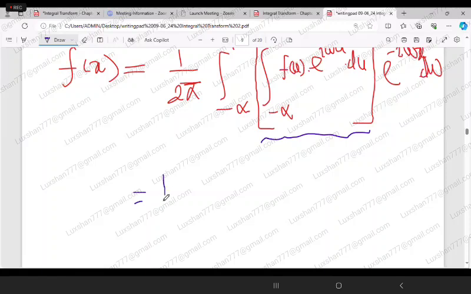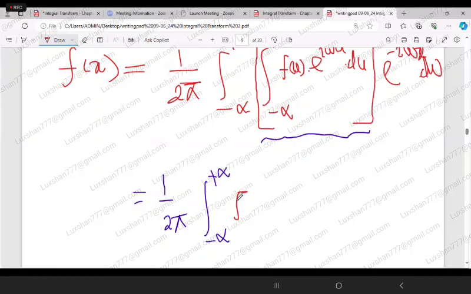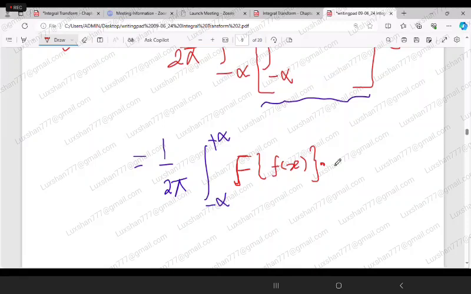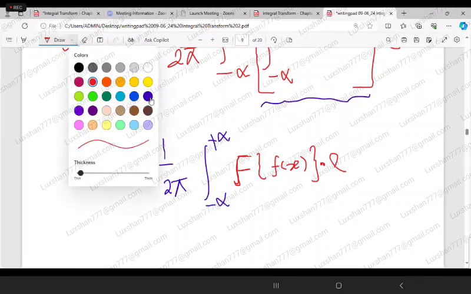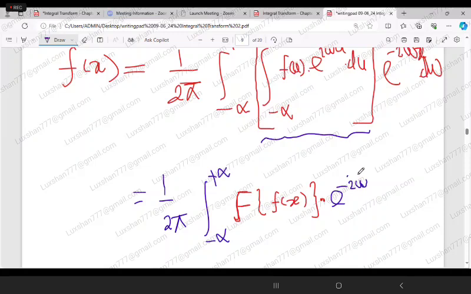Therefore, I can write this as 1 over 2 pi, integration from minus infinity to plus infinity, of the Fourier transform of f(x), into e to the power minus i omega x d omega.